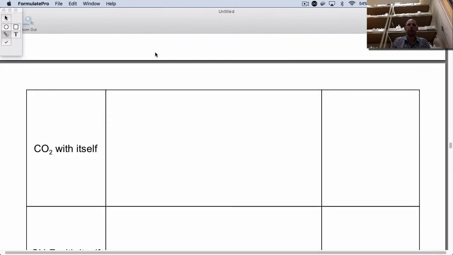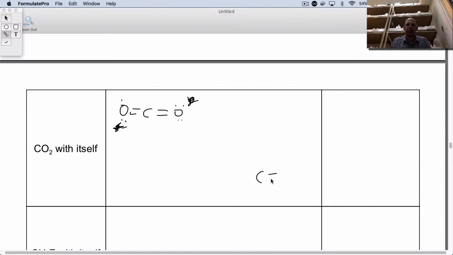Let's go ahead and do CO2 with itself. So when you do CO2, oh, oops, I shouldn't draw these because this molecule is nonpolar. That cancels with that.